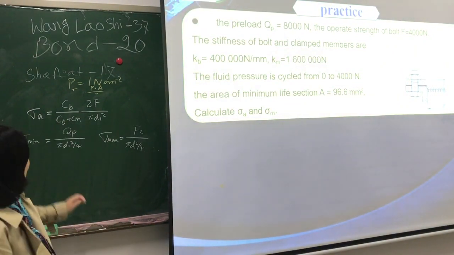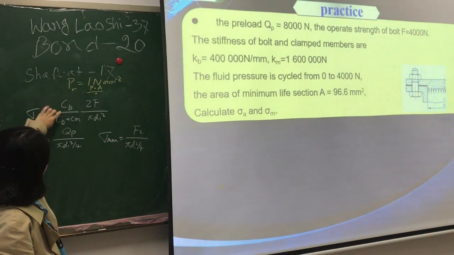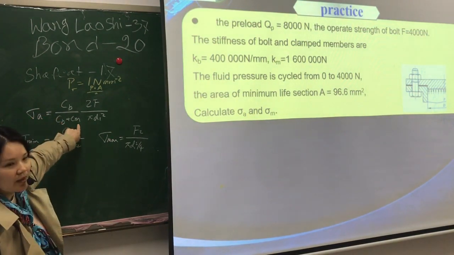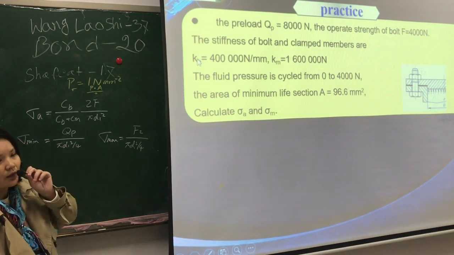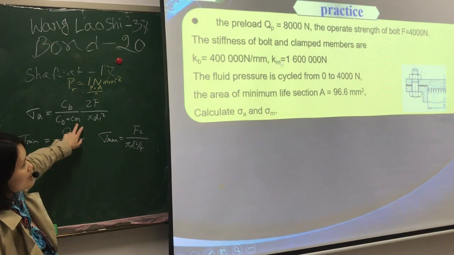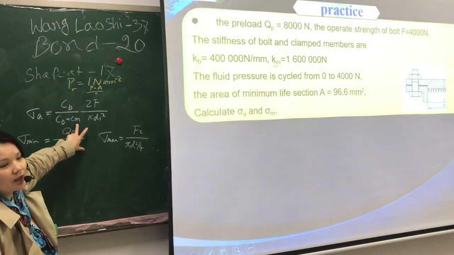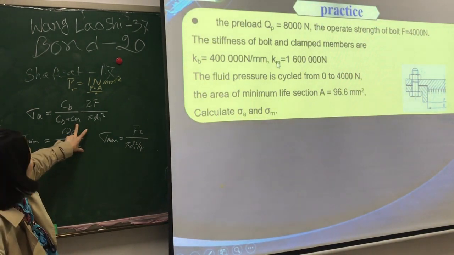So we can calculate the CA. We use the CB and CM. Okay, this is CB or KB, and this is KM or CM, the stiffness.